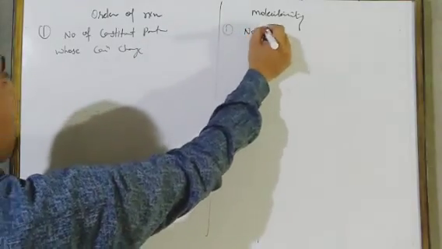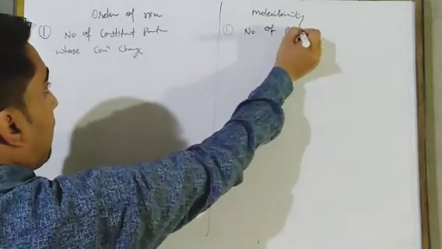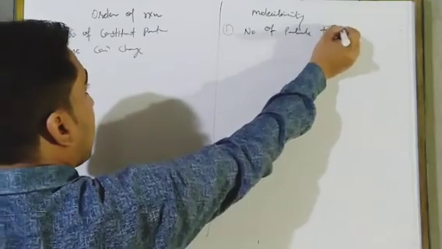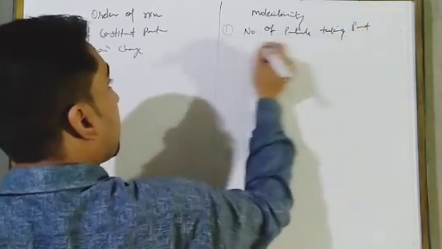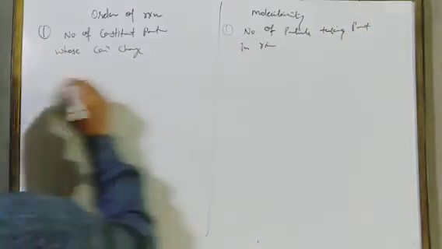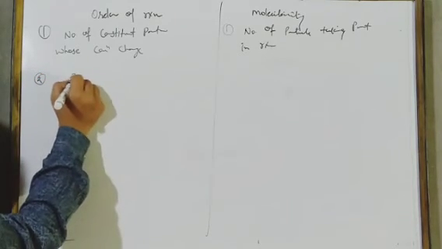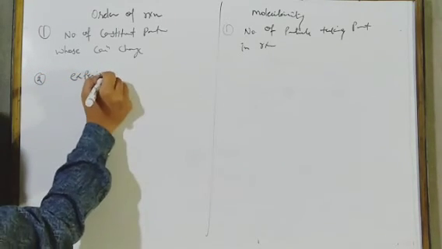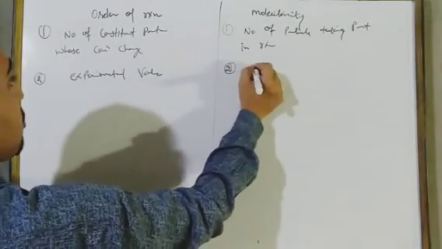Molecularity is the total number of particles taking part in reaction. The second difference is order is an experimental value and molecularity is a theoretical value.